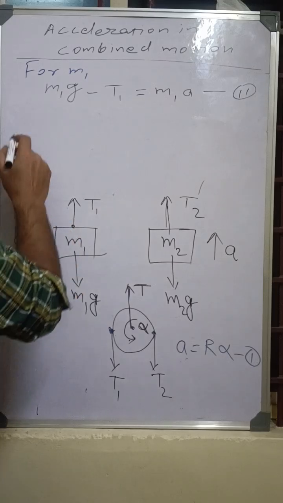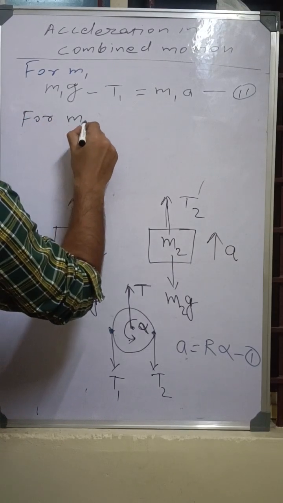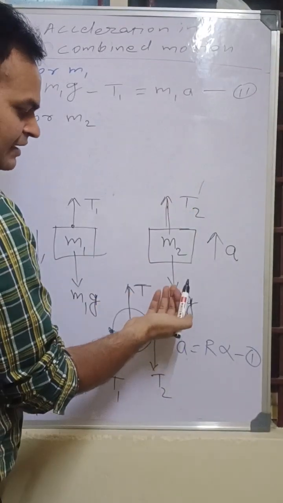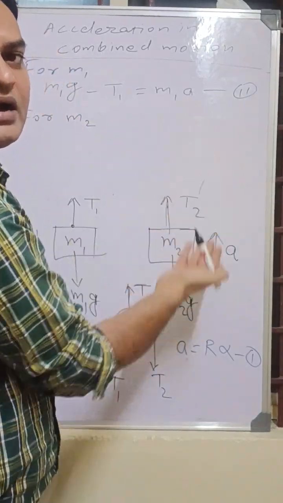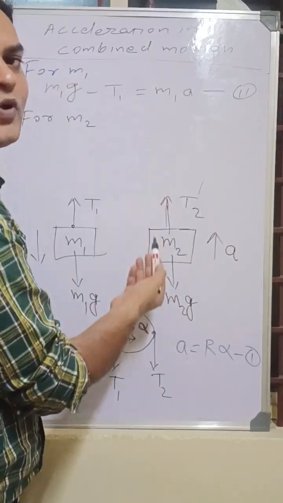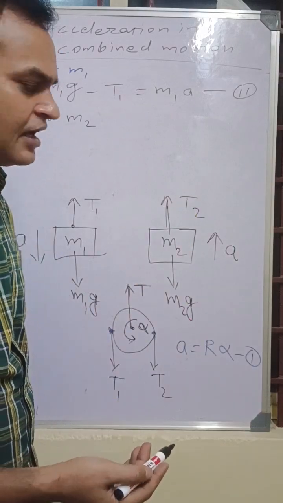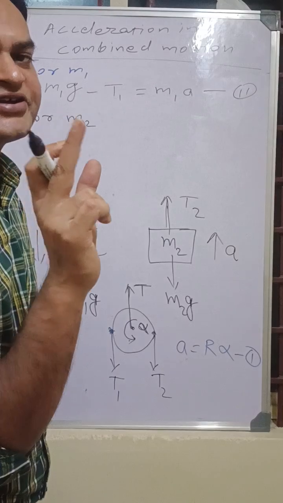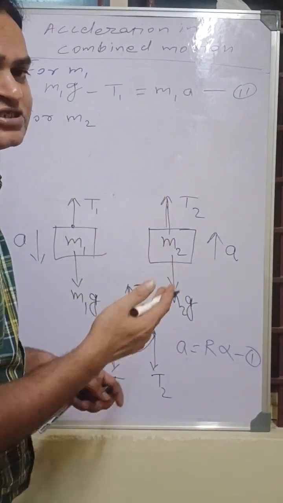So for M2, as tension T2 is upward and M2G is downward, and M2 is accelerating in the upward direction, we can say the net force acting on M2 is in the upward direction. If this acceleration value comes out negative, then our assumption will be wrong.